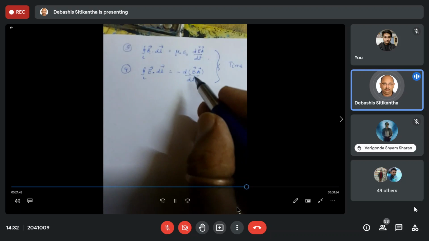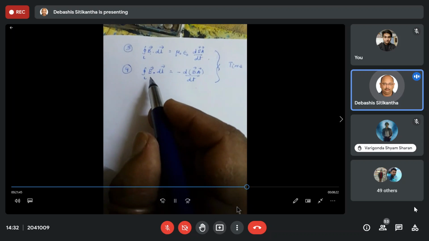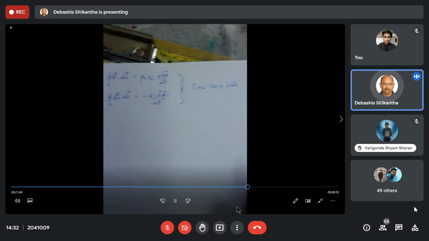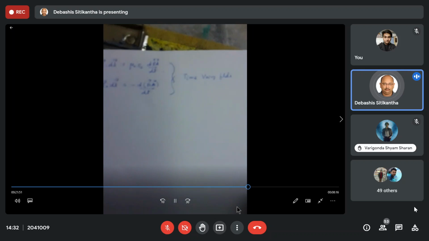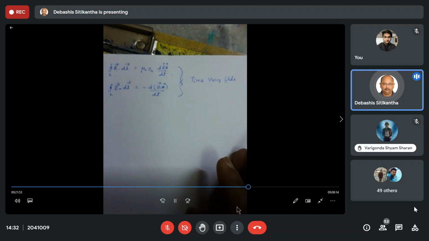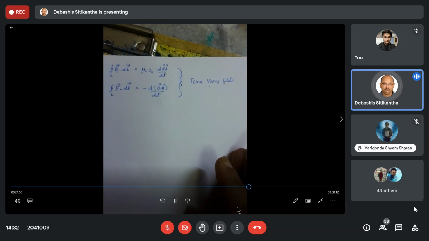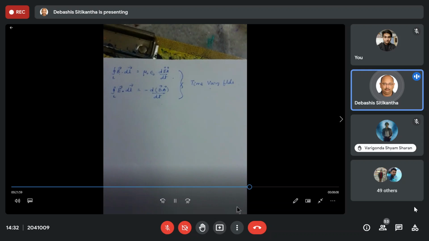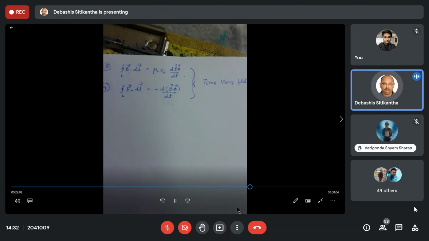Whenever there is a time varying magnetic field, there is a generation of electric field. That means whenever we talk about time varying fields, if one field is present, the other is bound to be generated. If there is a change in the electric field, there will be a generation of magnetic field, and vice versa.